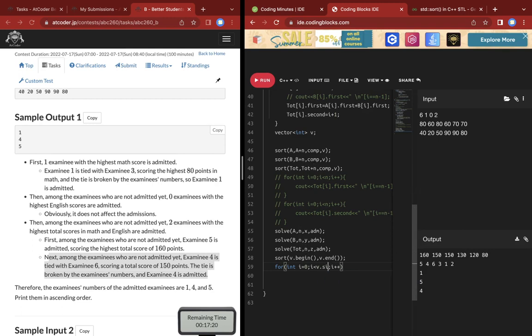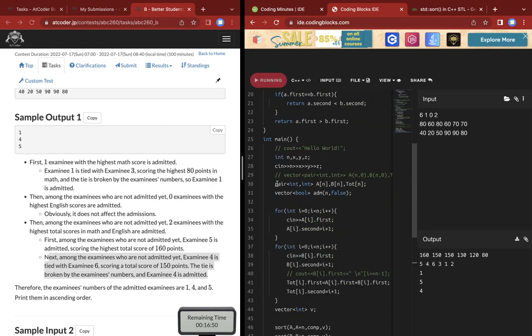This should be v.size. What should be i is equal to v.size minus 1.